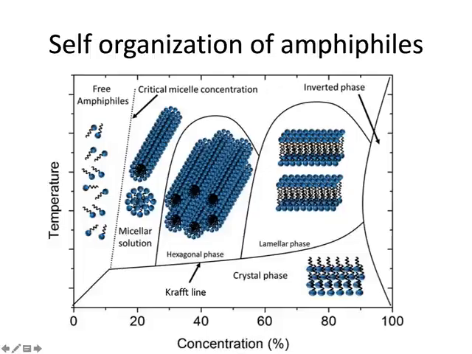And the study of phase diagrams of these phases is very important, both to make new materials, but also to understand living tissue. And in this case, the pertinent state variables are temperature and concentration.